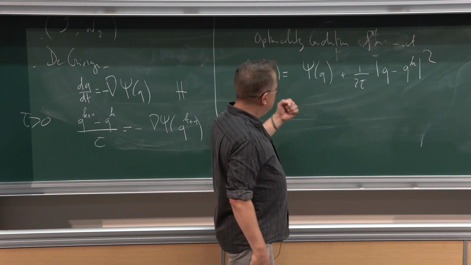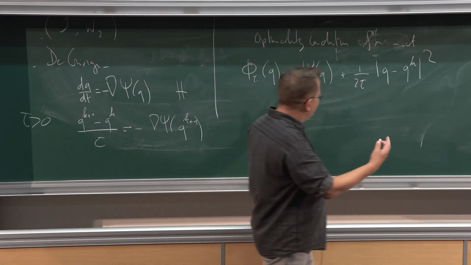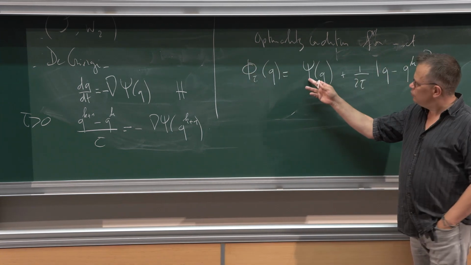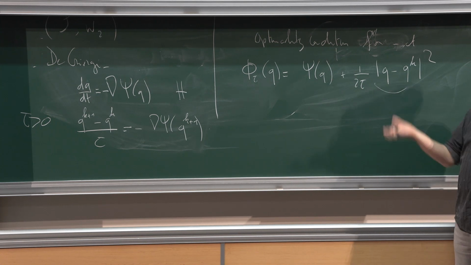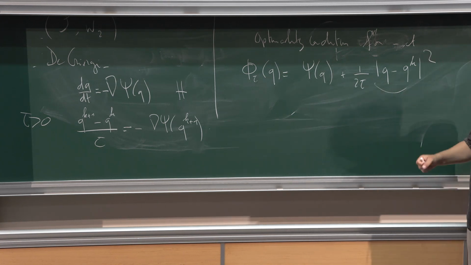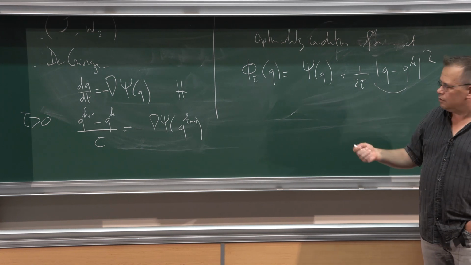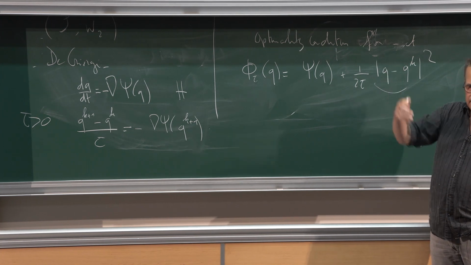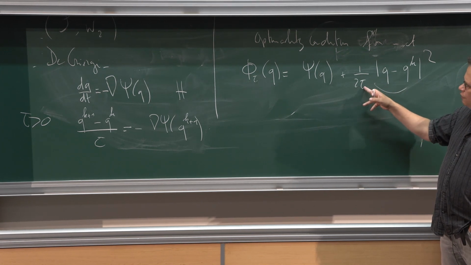What it means is that if this function has good properties, and it's quite general. For example, even if psi is not convex itself, you see that it will convexify things. So if psi is smooth, let's say that its Hessian is bounded from below by the identity times a negative constant, then I will recover a convex function if tau is small enough.